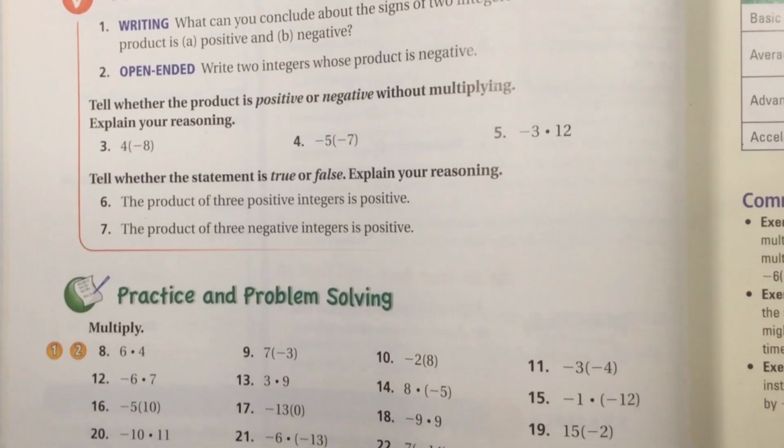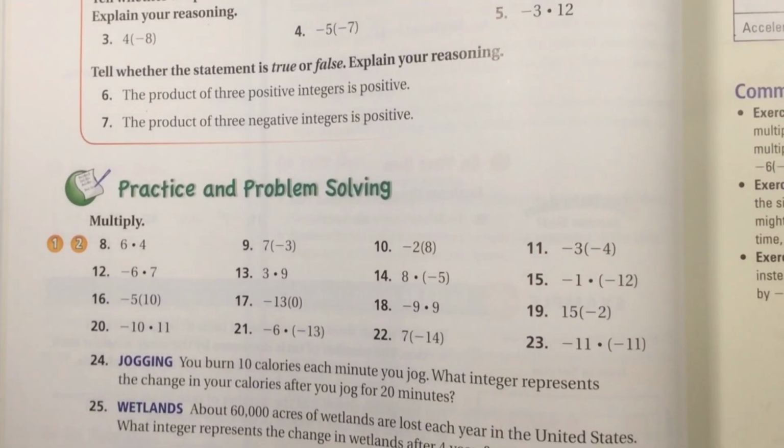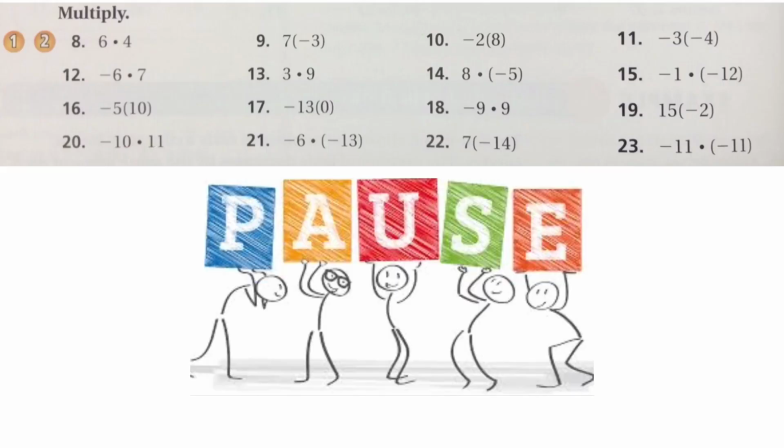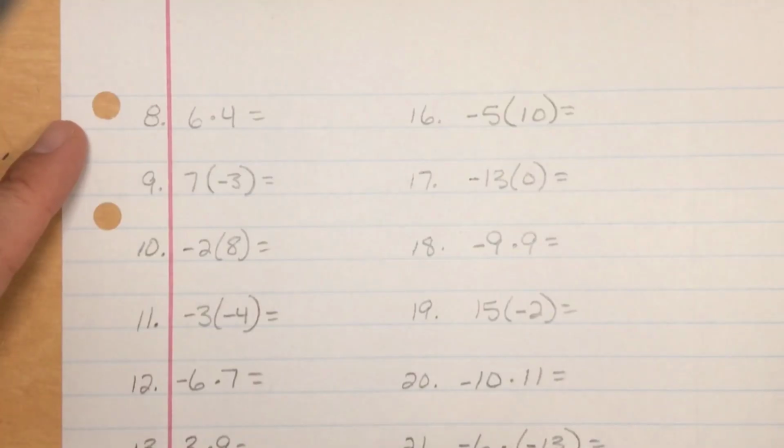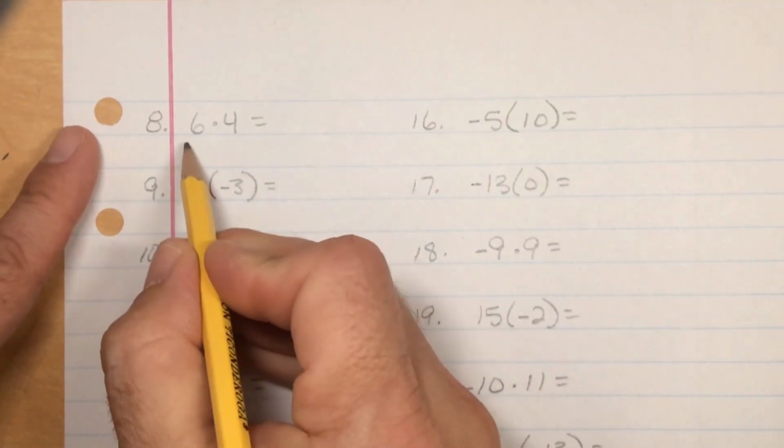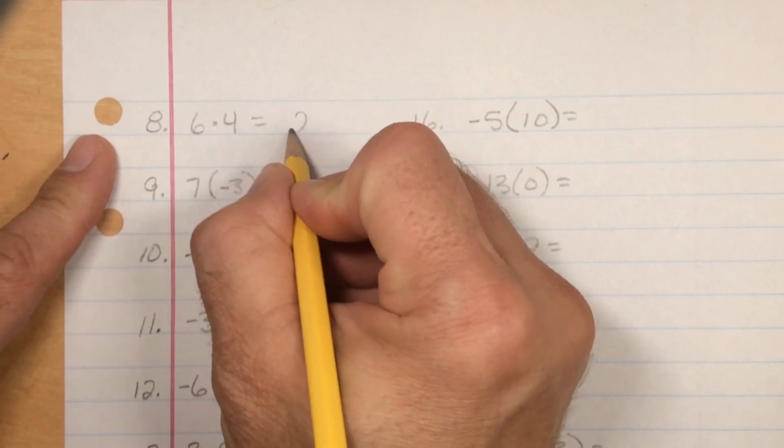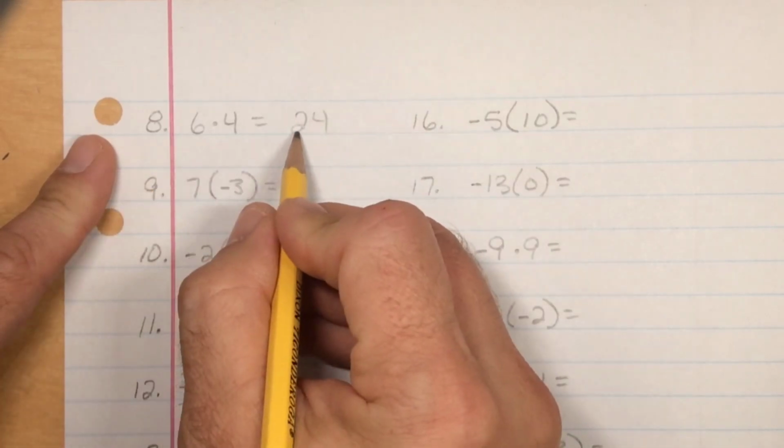Moving on to the next problems, 8 through 23. All right, well, these should have gone rather quickly, so here we go. Number 8, 6 times 4 is 24, same sign, so it's positive.